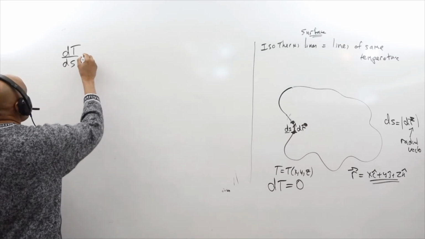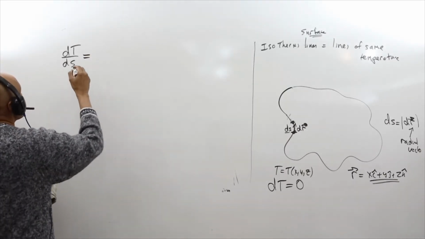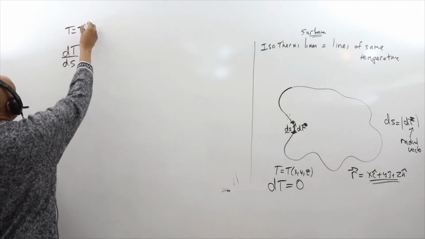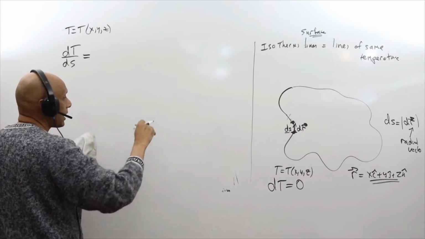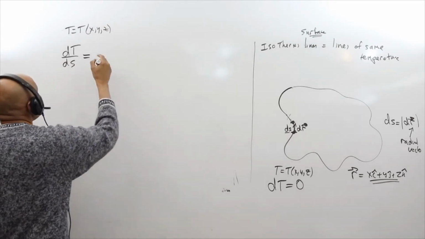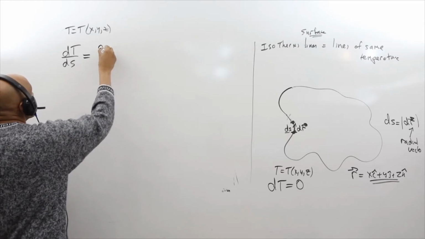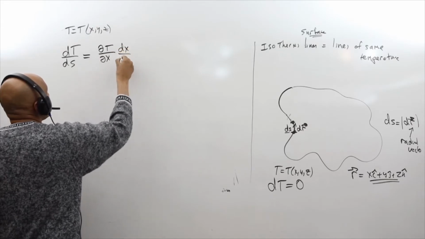I know from the chain rule from multivariable calculus, because T is a function of three variables, x, y, and z, and I'm traveling along the surface, not going in any arbitrary direction, I'm going along an isothermal surface, that's equal to the partial of T with respect to x times dx/ds, and so on.